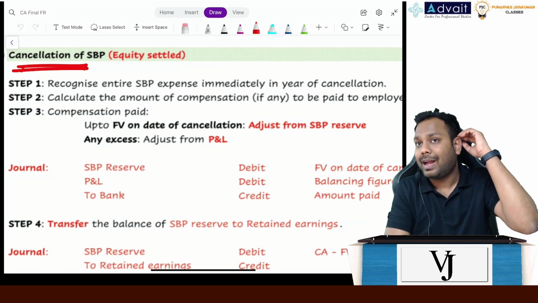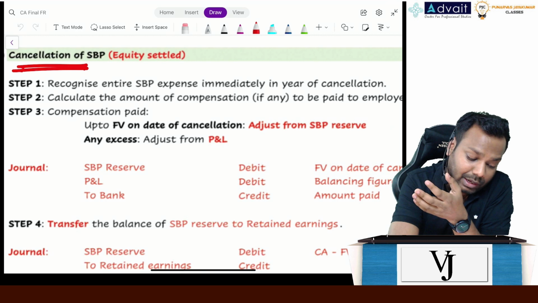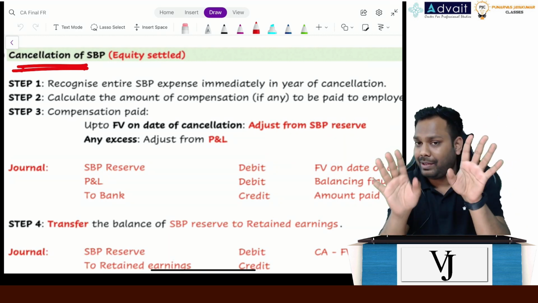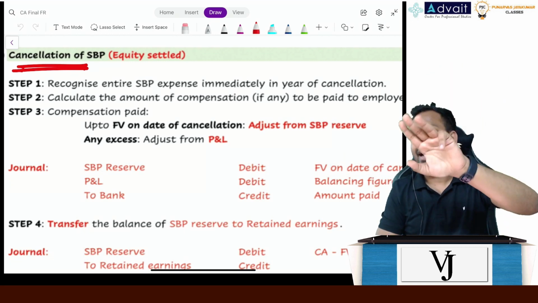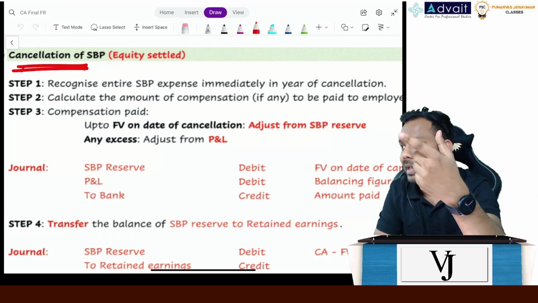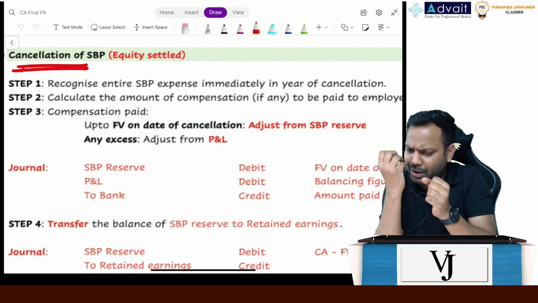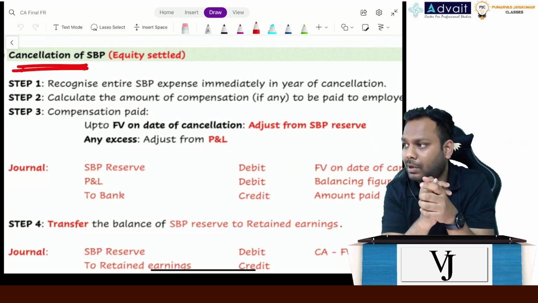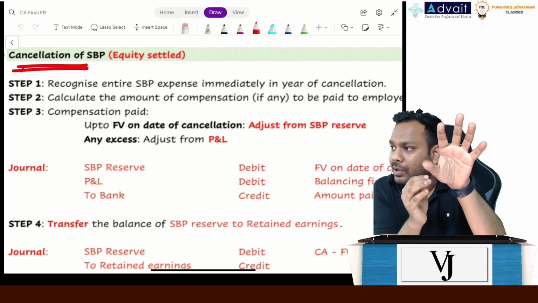Now, how will we do the accounting for this? The standard says that whenever you are cancelling the ESOPs, let's suppose the service period was 3 years. Understand this concept. This is very easy, but understand. At the end of the first year, I cancelled the ESOPs and told the employees I will give them cash. But when I'm giving the cash, I will give it for the whole ESOP, right? But have I booked the expense for the whole ESOP? No, I have booked the expense only for the first year.